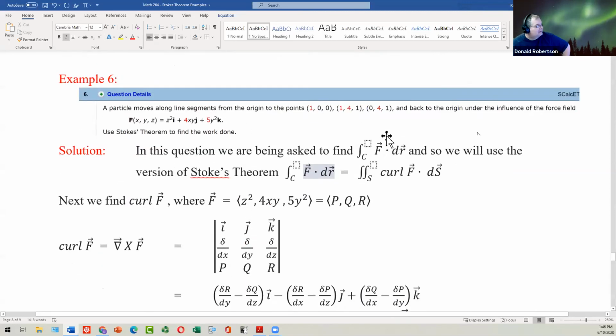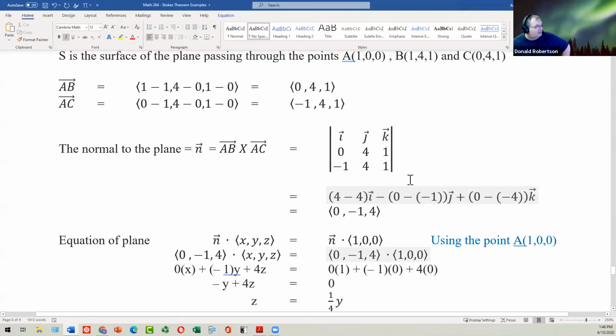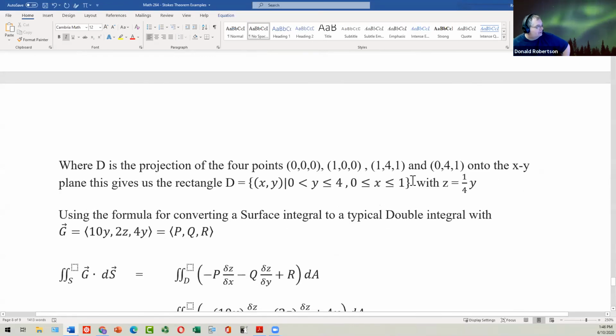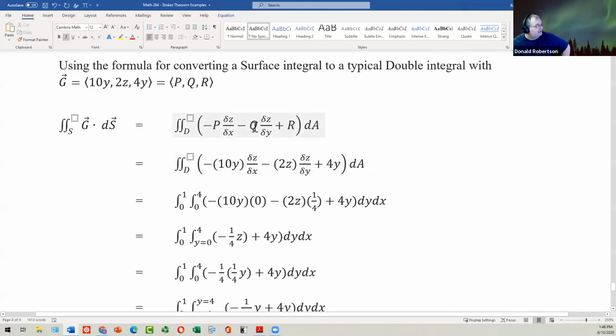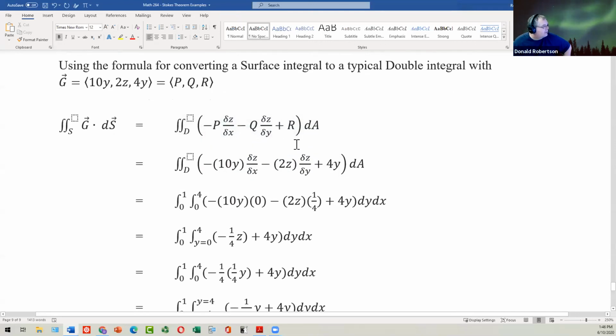The PQR that I used to do the curl is not the same PQR that I've used here, right? Different PQR.